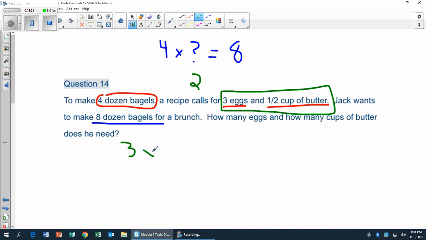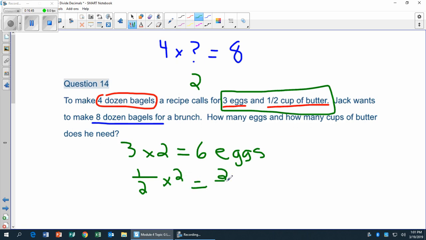So we got 3 times 2, which would give me 6 eggs. And a half a cup of butter times 2 would give me 2 over 2, which equals 1 cup of butter.